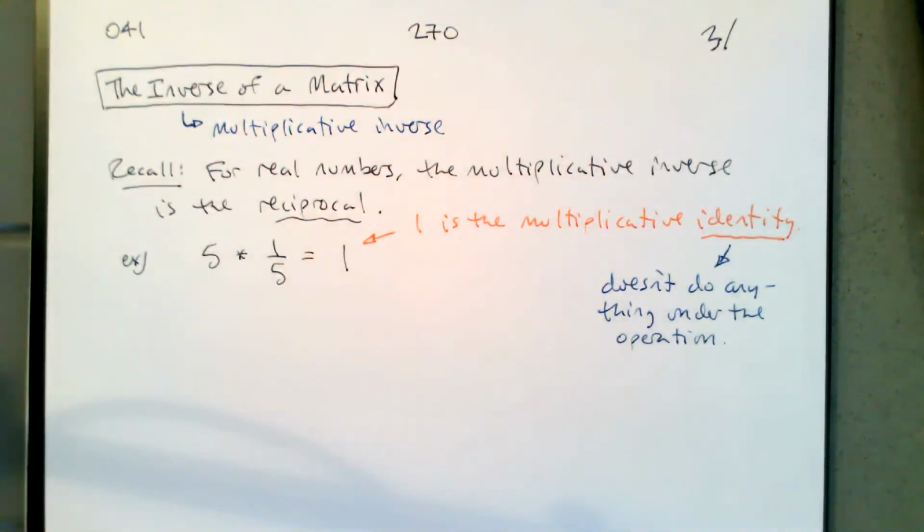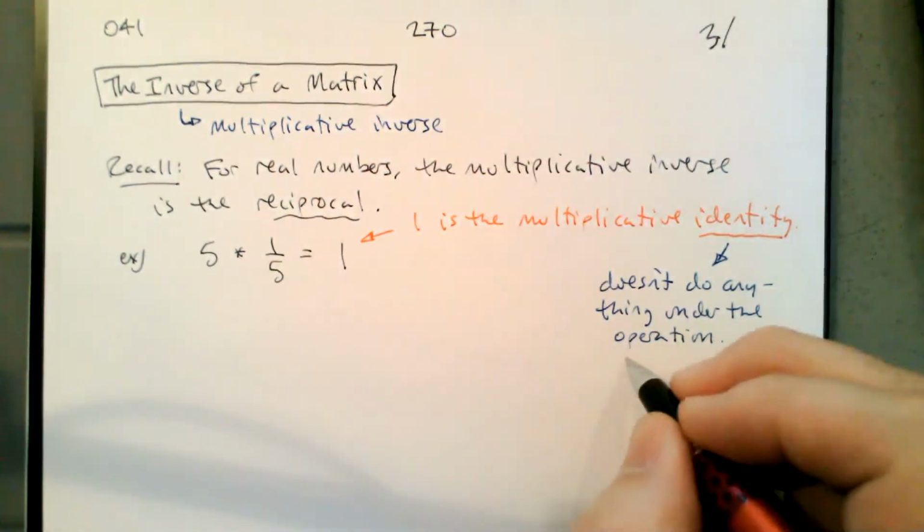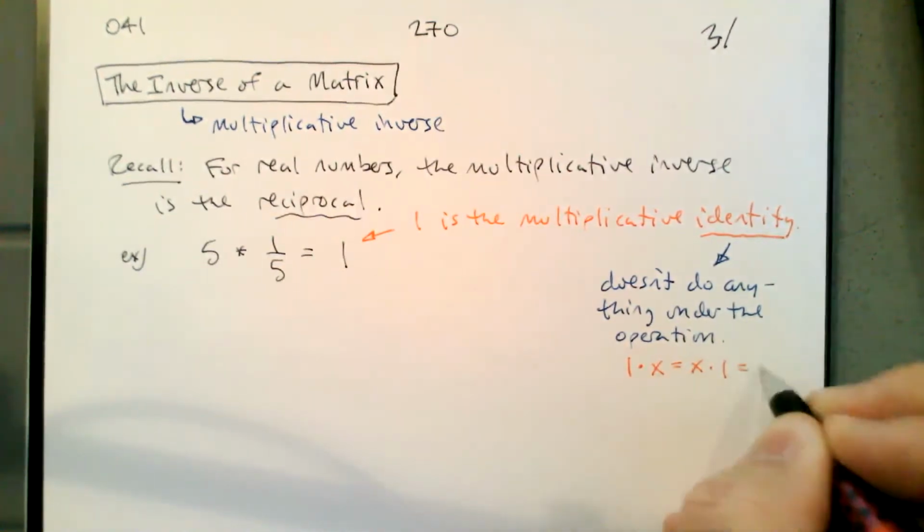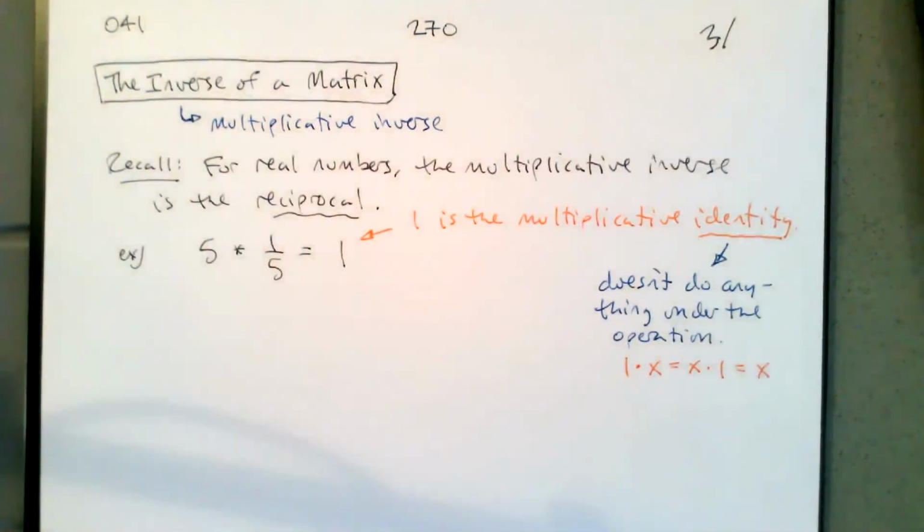One times x is x. So that's what makes it a multiplicative identity. When we multiply by 1, nothing happens.